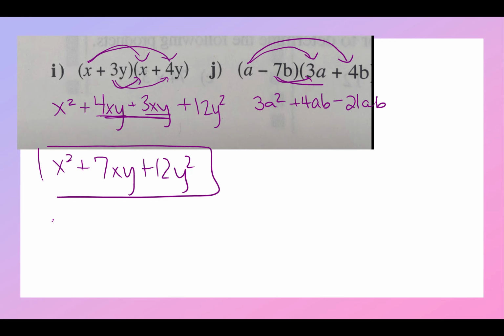And then negative 7b times 4b is negative, because a negative times a positive is negative, 28b squared. Lastly, collect some like terms. So we'll have 3a squared minus 17ab minus 28b squared.